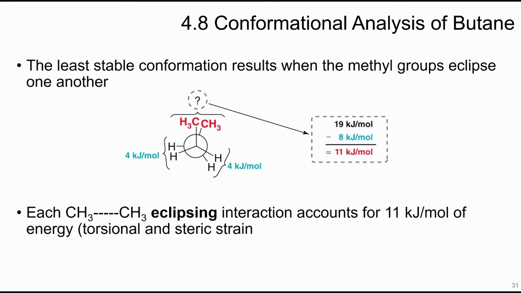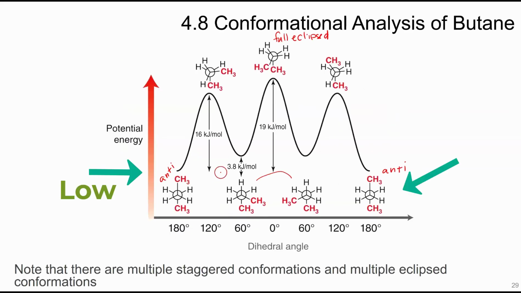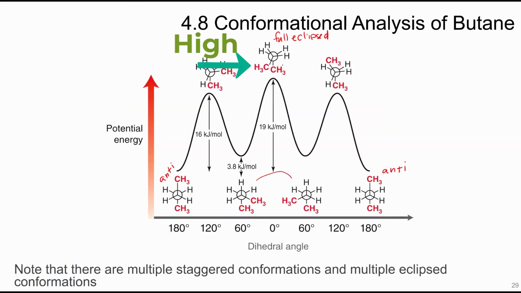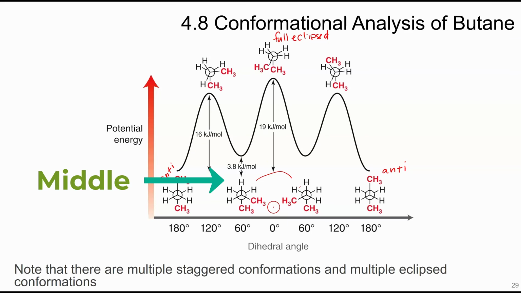The least stable conformation results when the methyl groups are eclipsing one another, and that ends up being 11 kilojoules per mole of energy that's caused there. So each CH3 group that is eclipsing accounts for 11 kilojoules of energy per mole. But you don't need to memorize any of these values here. Just be aware that this is low energy, high energy, in between.